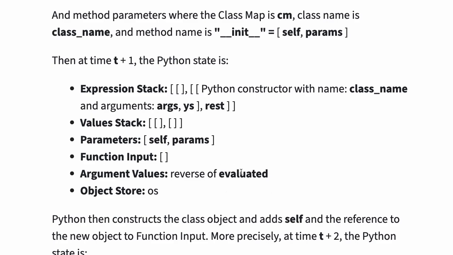Python then constructs the class object and adds self and the reference to the new object to function input.